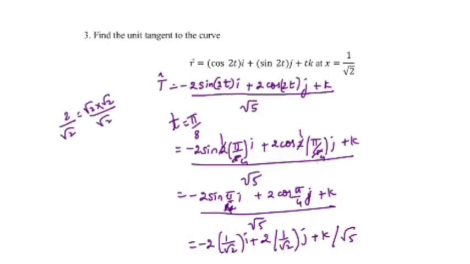Any number can be written as a product of surds, so we cancel one. So the answer will be root 2. The answer is minus root 2 i plus root 2 j plus k divided by root 5, which is the unit tangent vector at x equals 1 by root 2.